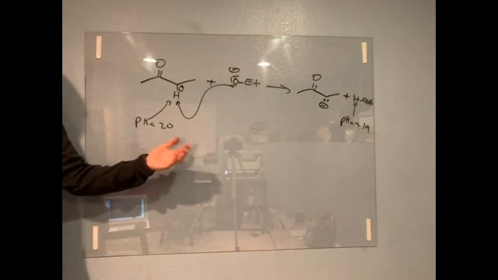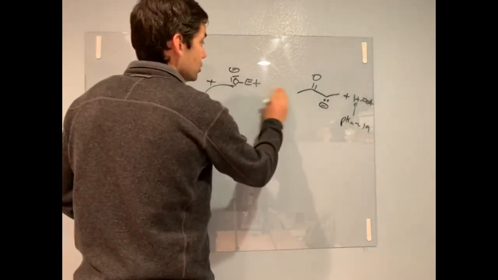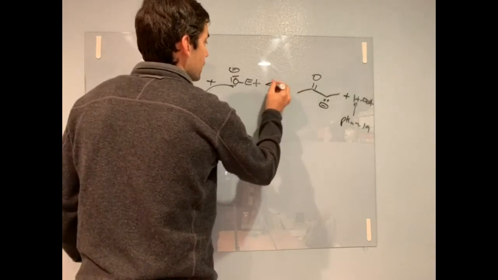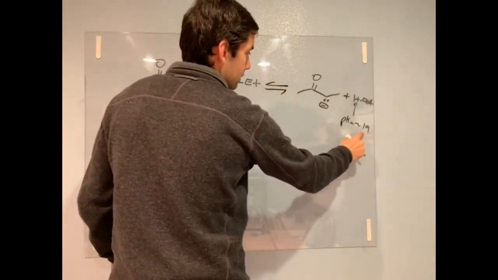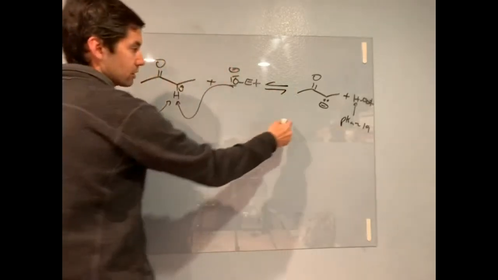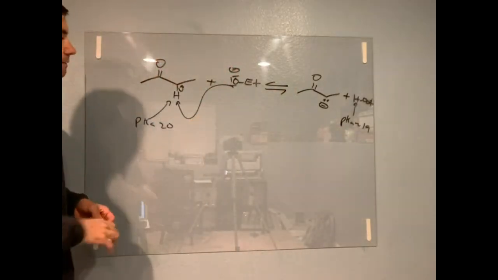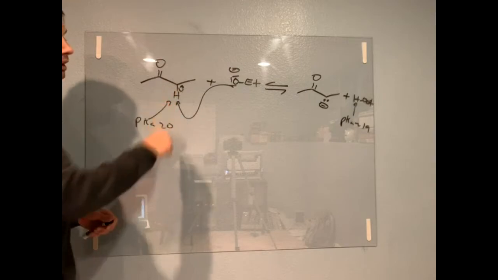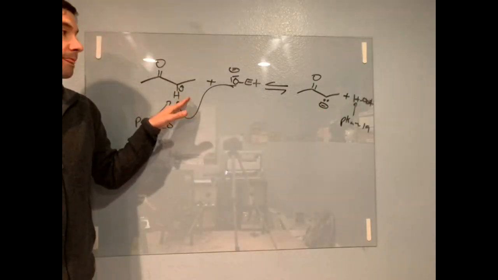So which way is equilibrium going to shift, right? This is actually going to be an equilibrium. So we have to change our arrow here, and we're going to use this type of arrow, right? And really, since this pKa value is slightly lower than this one, it's actually going to shift equilibrium in this direction here. So technically, we're going to have more of this in solution, right? We'll have a little bit of this in solution, but a lot more of this in solution, right?